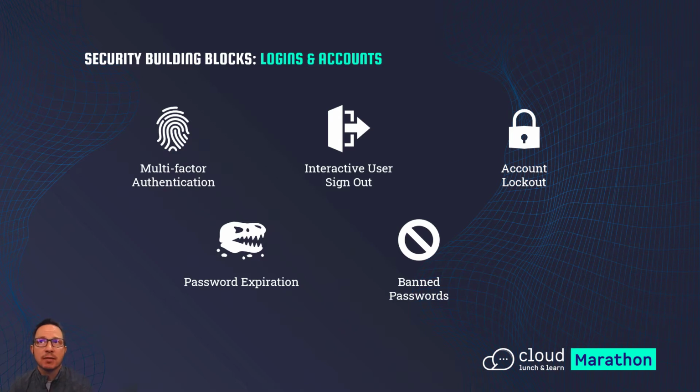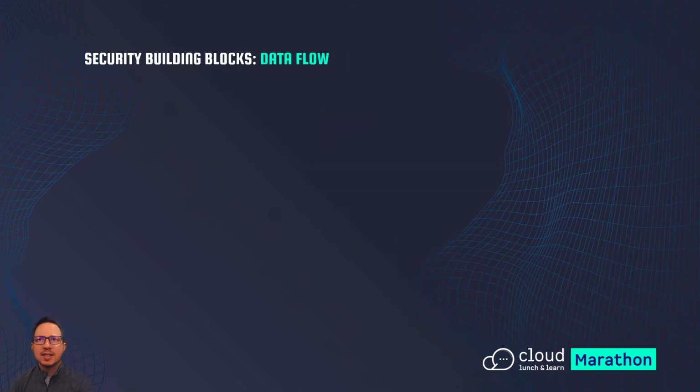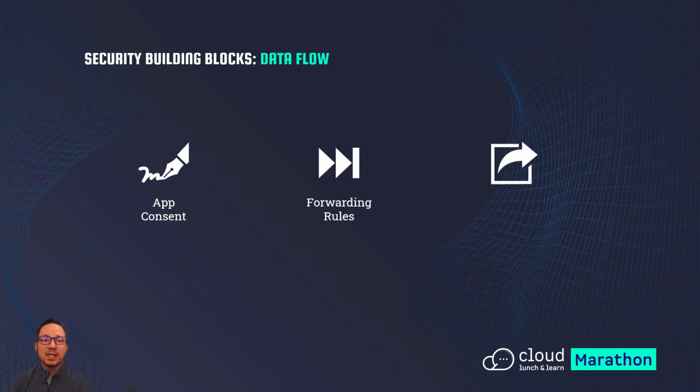Now, if we look at the data flow category, we end up with 3 specific options. The first is what's called app consent. App consent is about the applications that end users can utilize and whether they can consent to the application retrieving details about them.